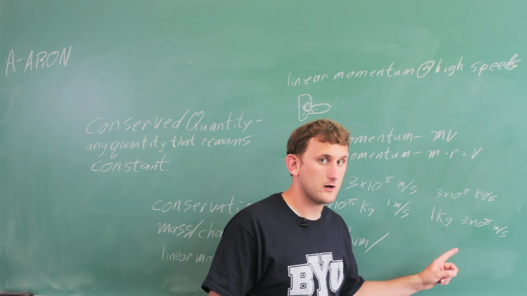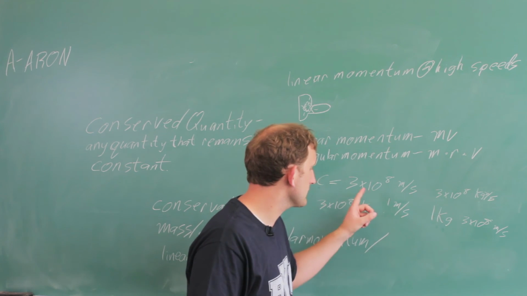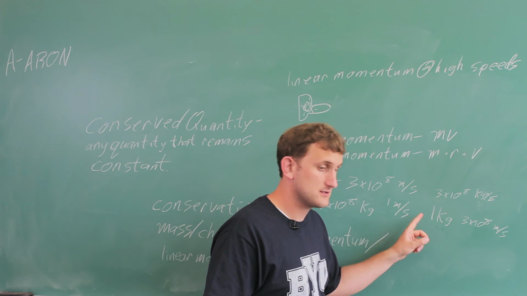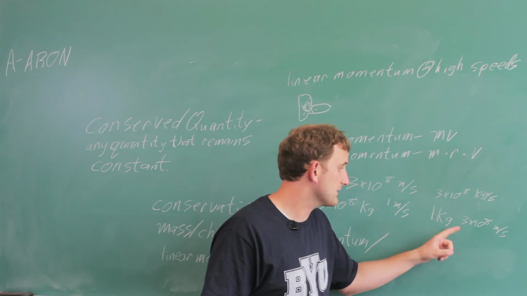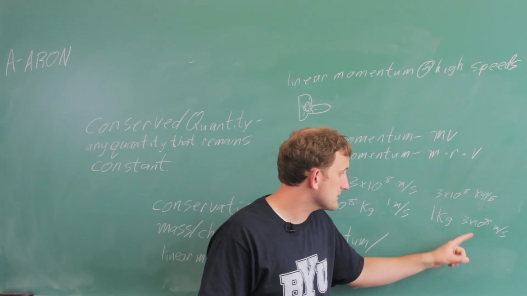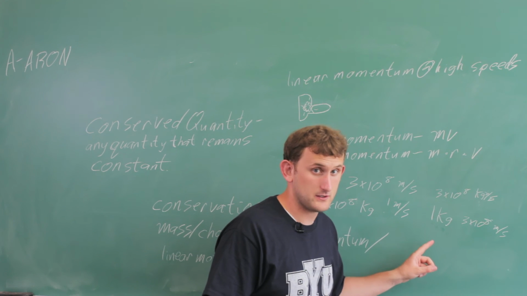But we already know nothing can go that fast except light. So how can linear momentum be conserved? How can it be transferred if nothing can go that fast? The answer is relativity. It's not going to go that fast because at relativistic speeds, it's going to get heavier.